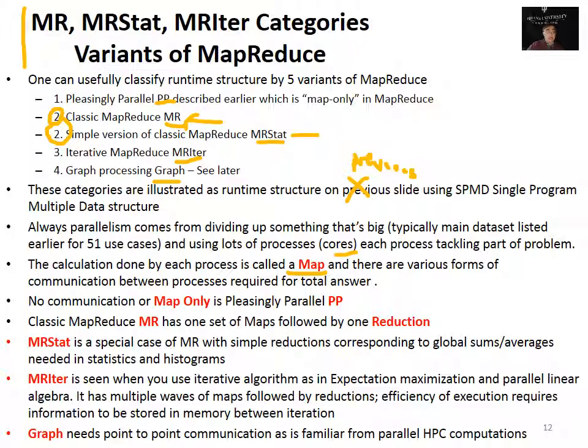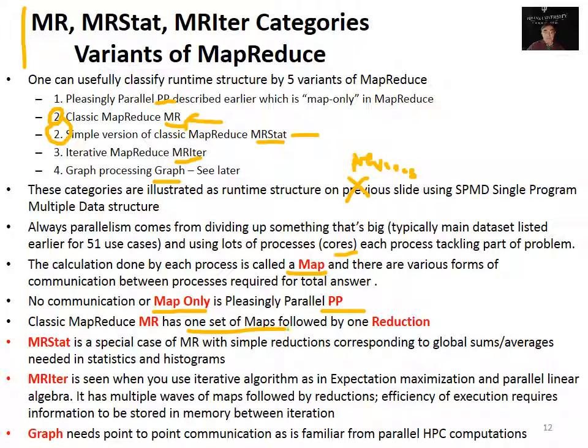And that changed result is then typically written to disk. That's the classic MapReduce model, or it's communicated to other processes. That's the typical iterative MapReduce case. If there's no communication between the processes, that's map only or pleasingly parallel.